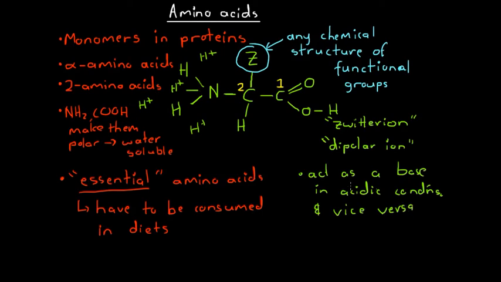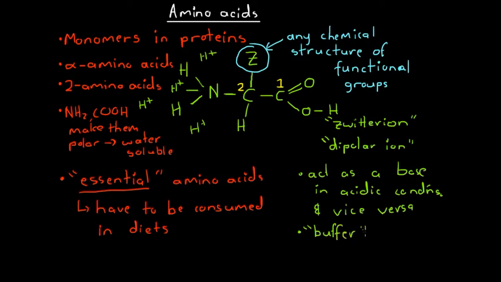The fact that it acts as a base in acidic conditions means that it sort of nullifies the acidity of its environment. By absorbing some of the hydrogens from its acidic environment, its environment becomes less acidic. In the same way, by donating hydrogens to a basic environment, that environment becomes less basic, and in that way it acts as a buffer.